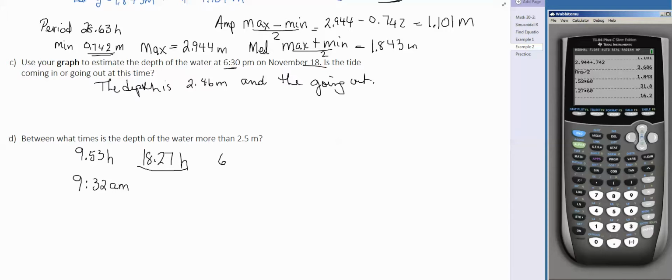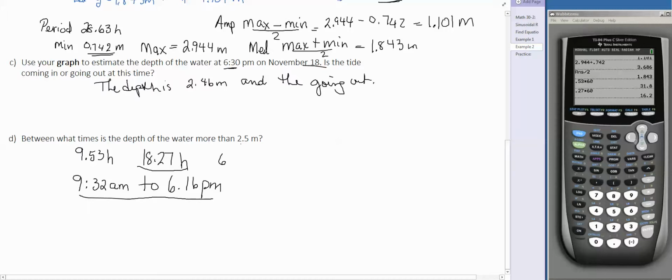So this is from 9:32 a.m. to 6:16 p.m. So the water is more than 2.5 meters between 9:32 a.m. to 6:16 p.m. And that's our last example.